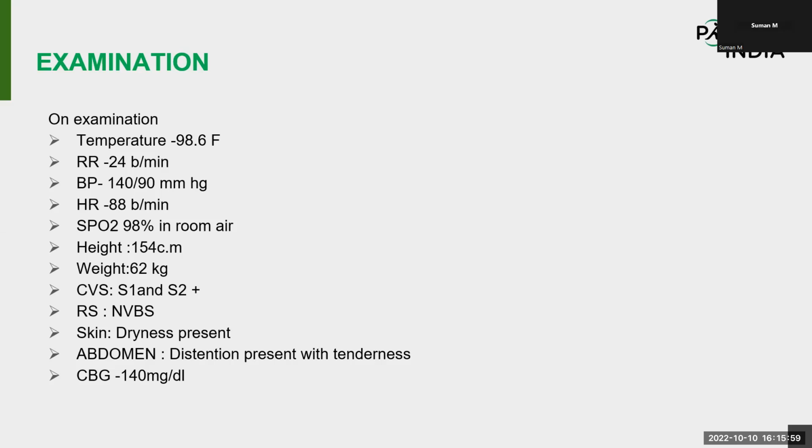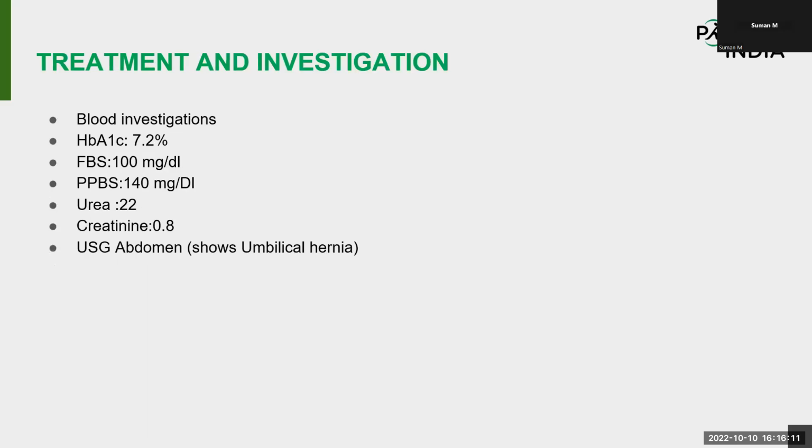Cardiac S1 S2 present, respiratory system no abnormalities, skin dryness present, abdomen distension present with tenderness, CBG 140 mg per dl. Blood investigation: HbA1c 7.2%, FBS 100 mg per dl, PPBS 140 mg per dl, urea 22, creatinine 0.8. USG abdomen done, shows umbilical hernia.